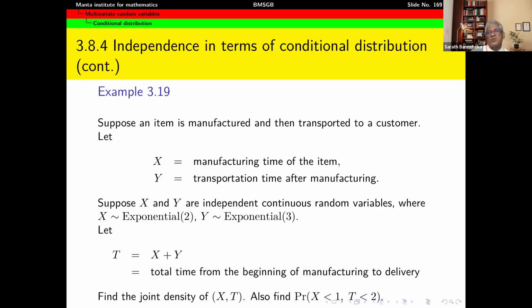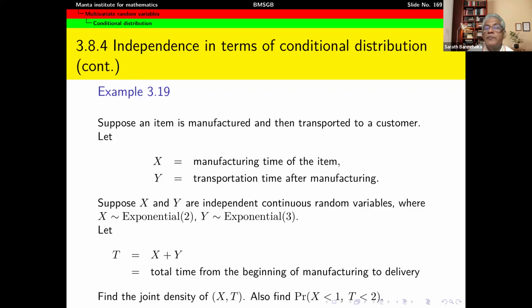Okay, so that was a general expression, but let us look at a particular application of that result. Suppose an item is manufactured and then transported to a customer. Let capital X be the manufacturing time of the item. Let Y be the transportation time after manufacturing.